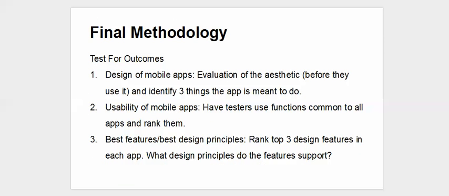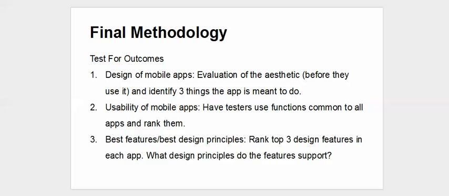So my final survey is more in line with these intended outcomes that I just showed. It is designed to yield better results because testers now have a way to really judge design and function by being able to compare 3 different apps during the test. So they do test for design of mobile apps by having people kind of talk about their first impression of the design.